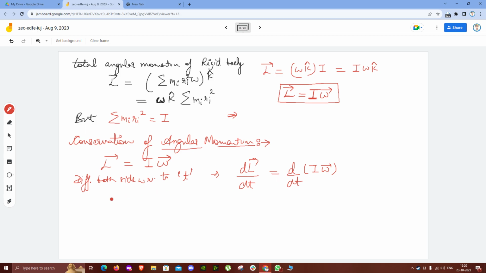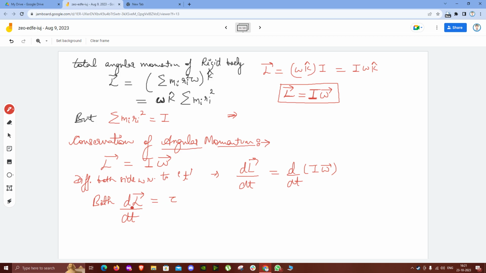And one more thing about angular momentum that we derived in earlier sessions: the time rate of change of angular momentum is equal to the torque. It is the angular analogue of Newton's second law of motion, where the external force is equal to the time rate of change of linear momentum.